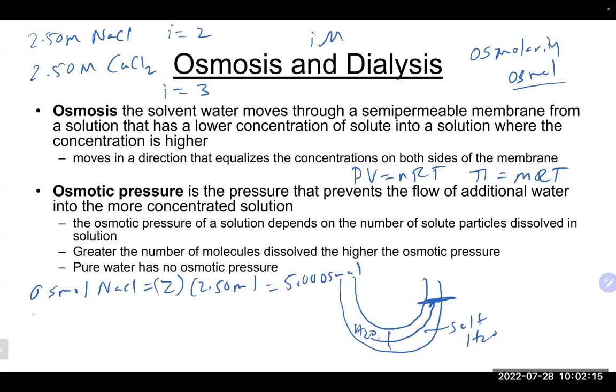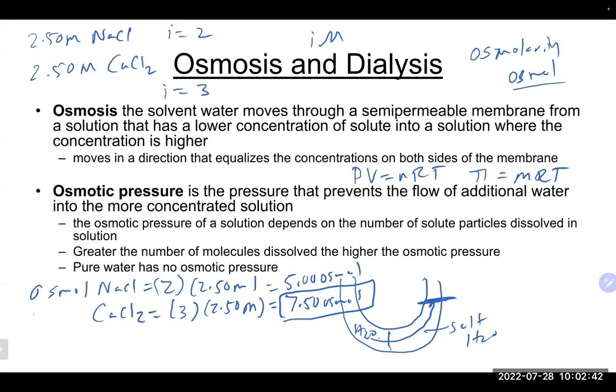If we have the same solution but with calcium chloride, it would be 3 times our 2.5 molar, and that is going to give us 7.5 osmolarity. So you can see that in terms of concentration, it is much more concentrated with our calcium chloride.